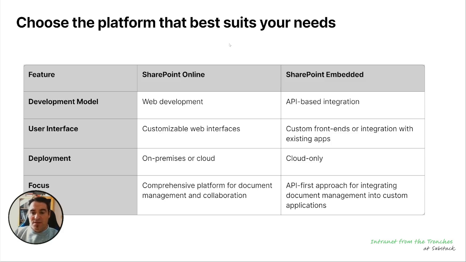Talking about the user interface, with SharePoint Online what we can do is customize the web interface that Microsoft provides us. However, with SharePoint Embedded, what we have to do is to create that interface. We can create custom applications, custom web applications, or different background processes, but we have to implement the UI part of the applications. In terms of deployment, SharePoint Online can be deployed on premises or used in the cloud.